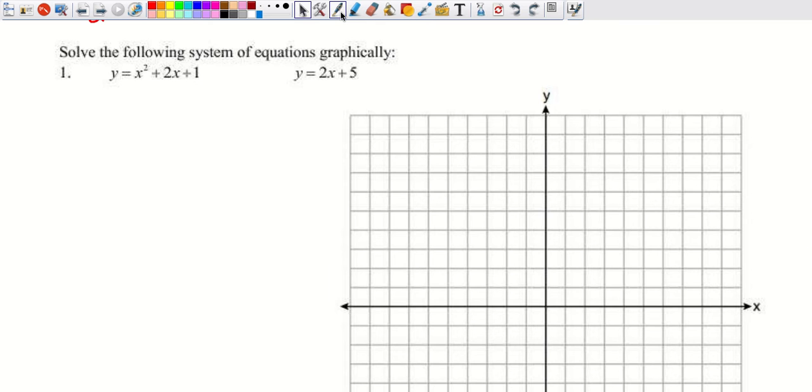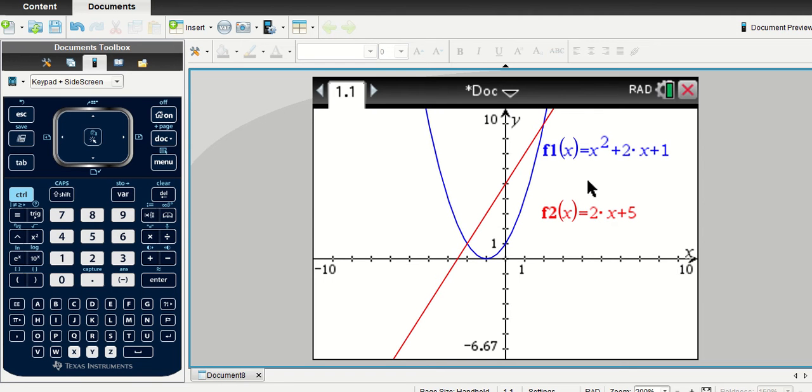We are going to do our table of values for the first one. So I'm going to do my x, y table. Now for the parabola, we can see that the minimum value, the vertex here, is at -1.